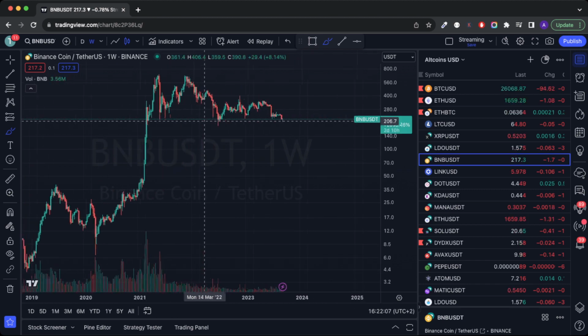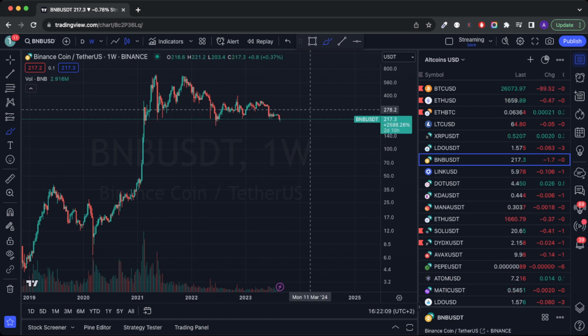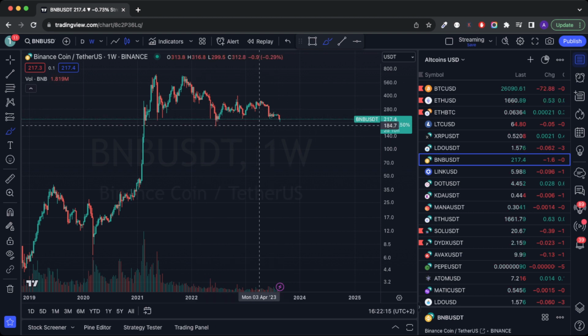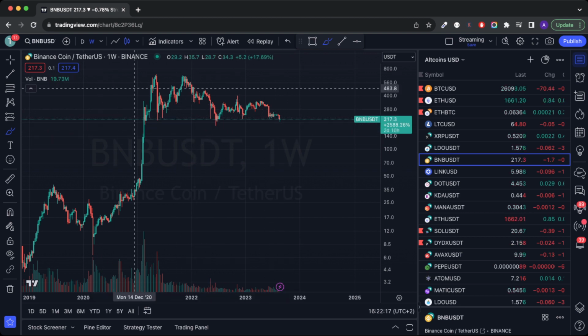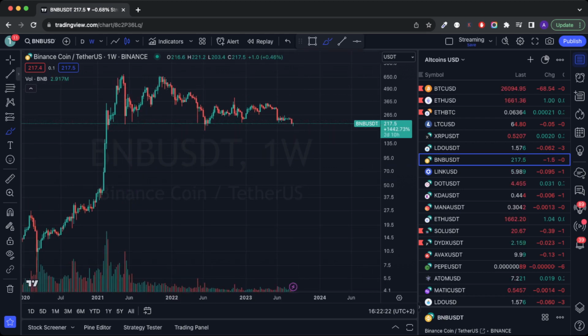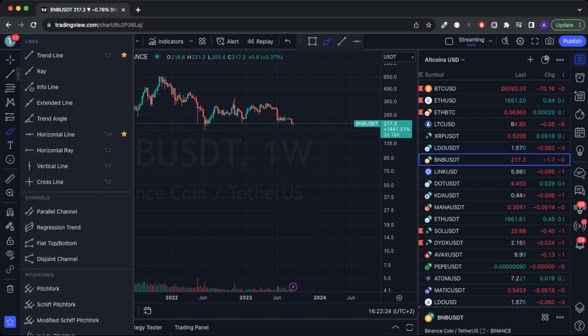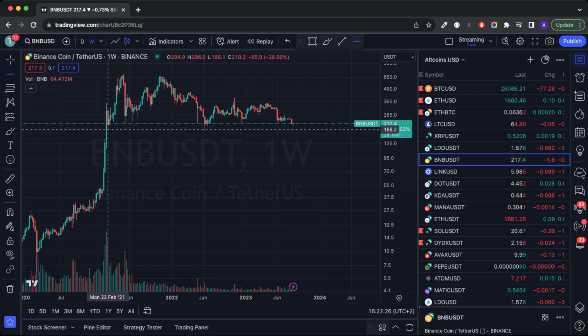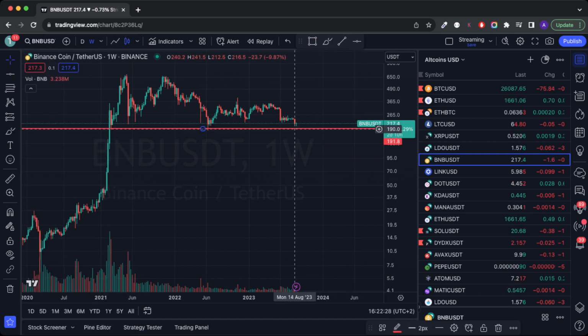And this is usually something that the price retouches or touches again. So in my opinion, this looks really heavy. And if we do get the break of this, let's say like this, I see a lot of downside.